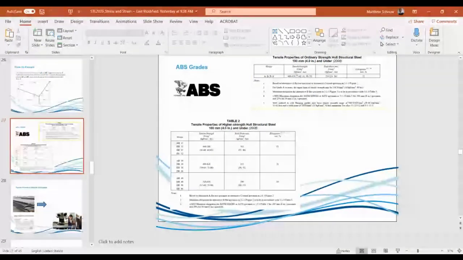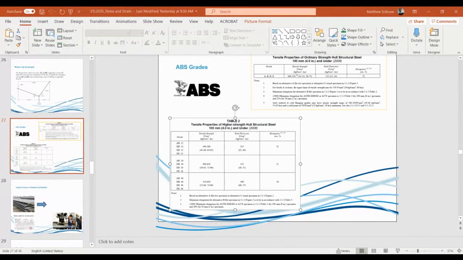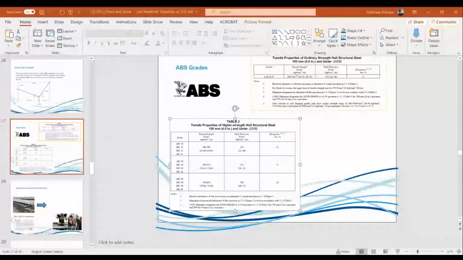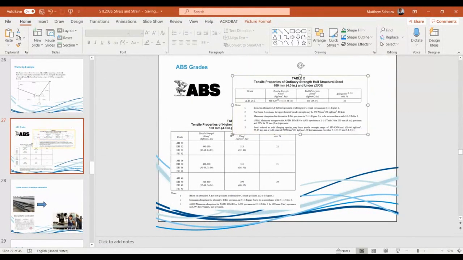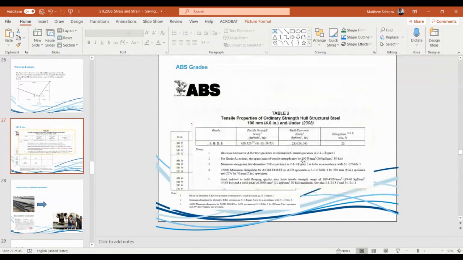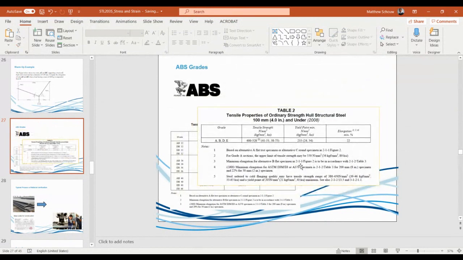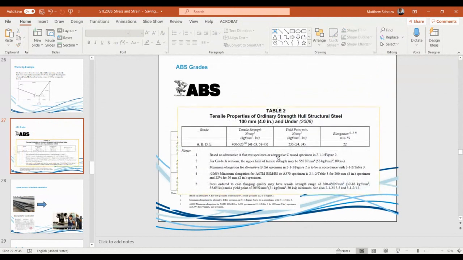Just to touch on, again, back to this over here. So here we have different grades, right? This is for ordinary hull strength steel. Why I'm showing you this is because I might specify this in the test, and I might say I'm using this grade.